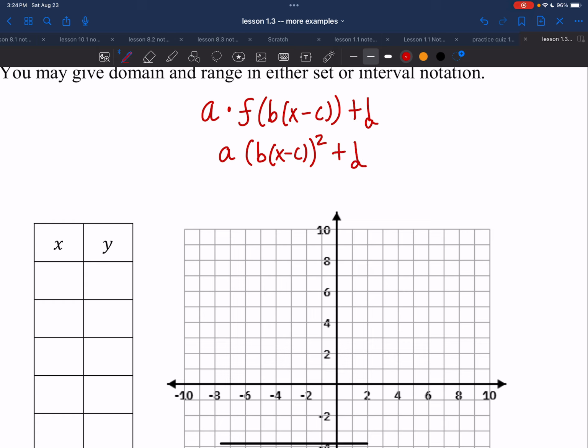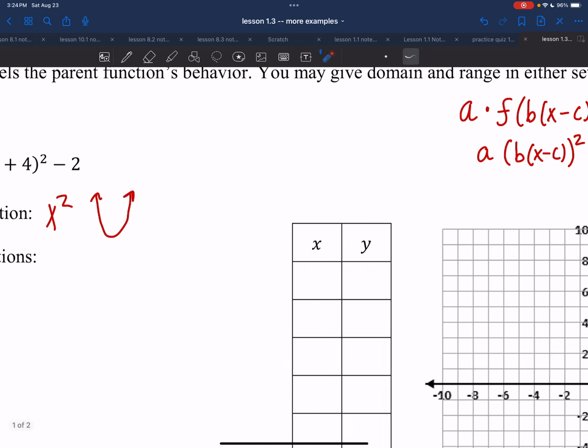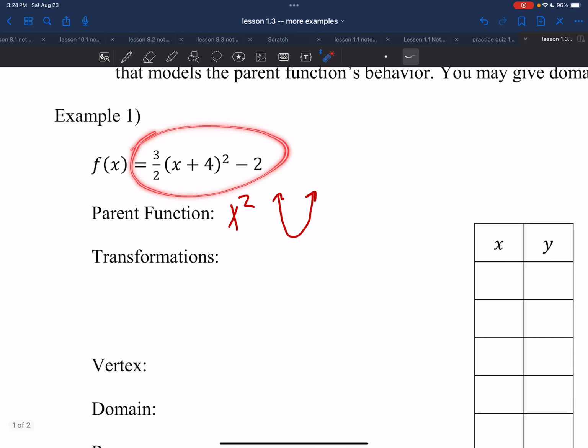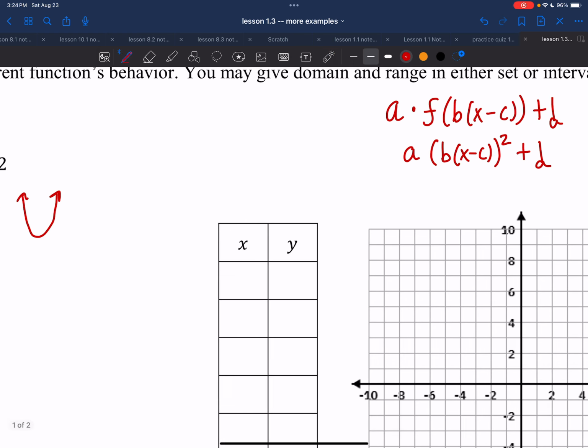Now, the reason I take time to talk about that and write it like that is I recommend, since you're first starting this out, especially if you're struggling with it, to write the general format here, write the specific format for whatever function you're talking about. In this case, we're talking about x squared, so this would be the format for that. And then right underneath this, rewrite what you see here. Because it should line up and let you know which value is which. So it says 3 halves, x plus 4, right?